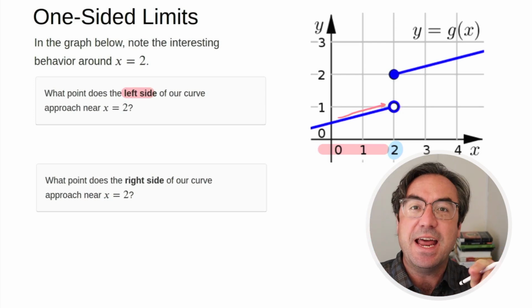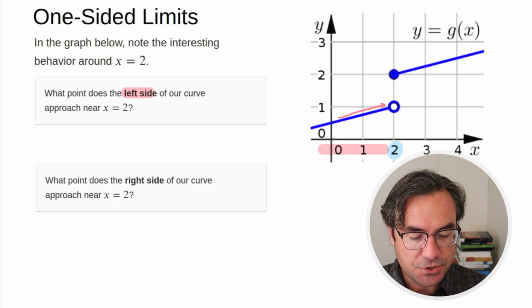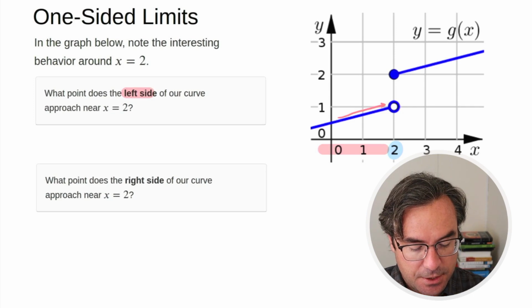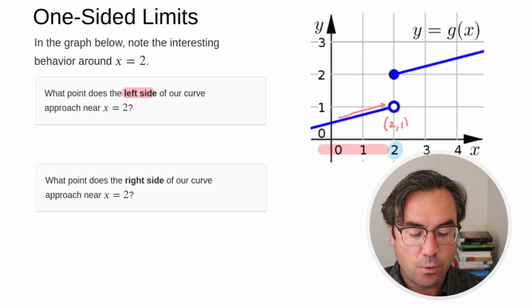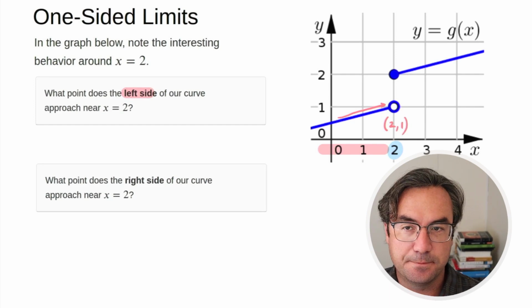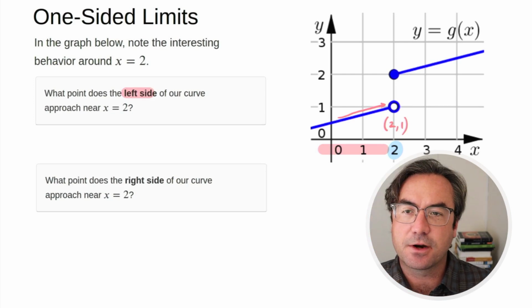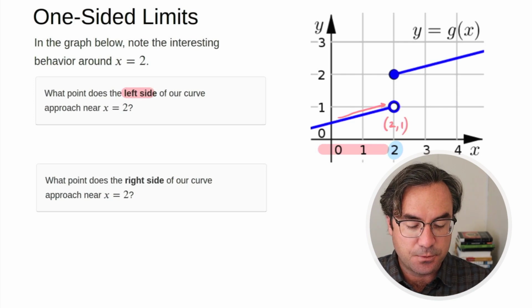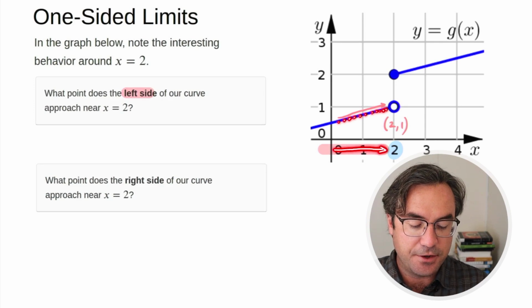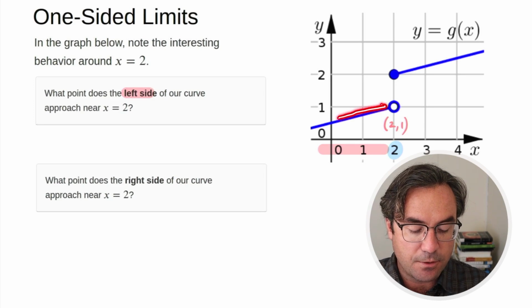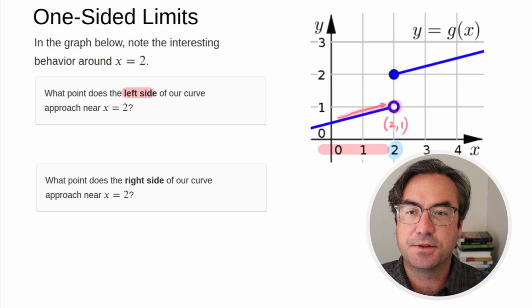But we're still headed in that direction. So what are the coordinates of this point? The x-coordinate is 2, and the y-coordinate looks to be about 1. So on the left side of our graph, as our x values get closer and closer to 2, it looks like we're walking closer and closer to this point here.